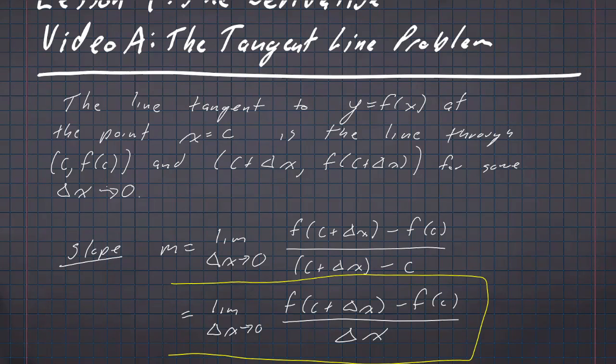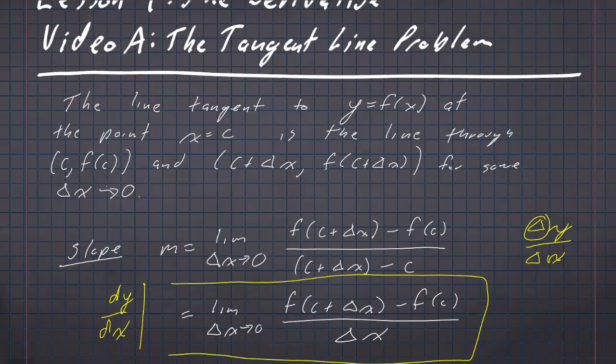There are a couple of notations you can use for this limit. If you think about slope in general as some change in y over some change in x, because we're looking at this infinitesimally small change in x, x plus delta x, we'll denote this infinitesimally small change as dy over dx.